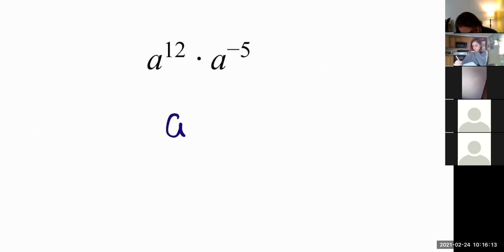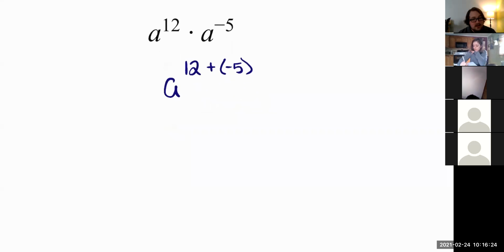So that allows me, since I'm multiplying them together, to add the exponents together. So 12 plus a negative 5 is going to give me a positive 7.